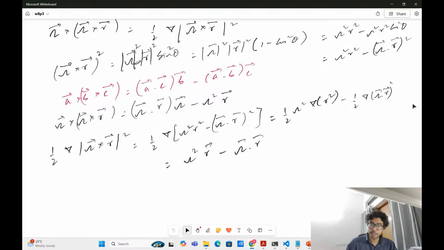And then there will be another derivative which will leave out omega, right? Because del r is 1. So this is the thing that we get over here. And this is exactly equal to this thing, right? With a minus sign, of course.